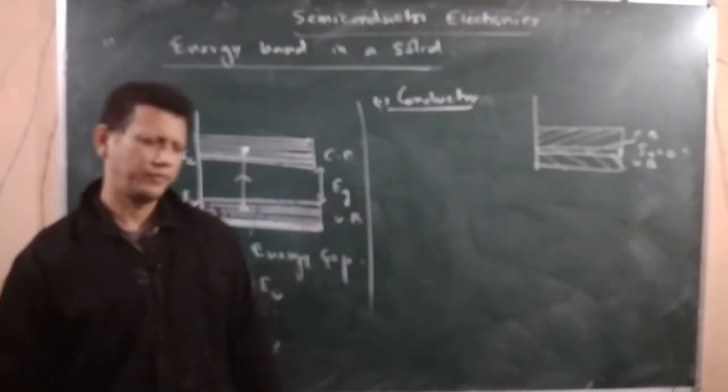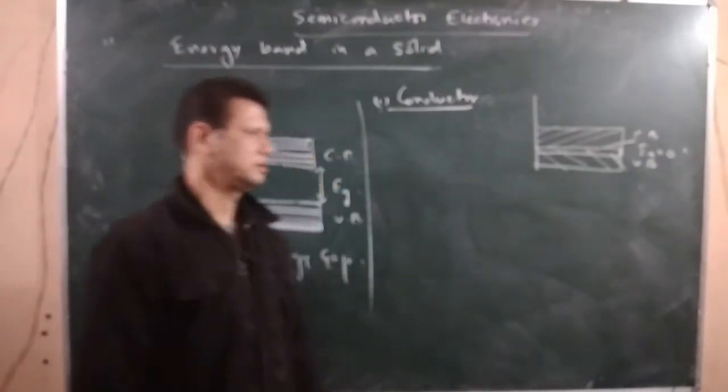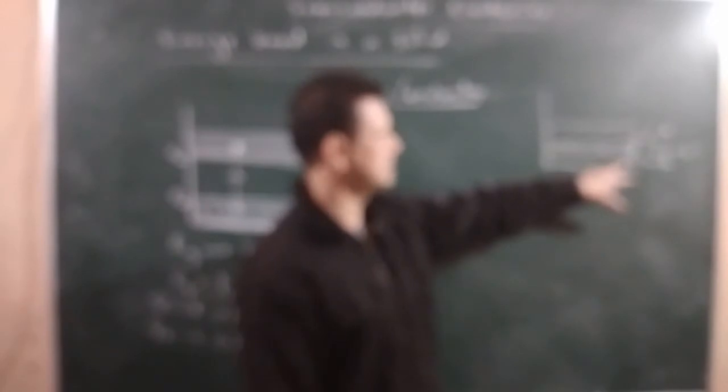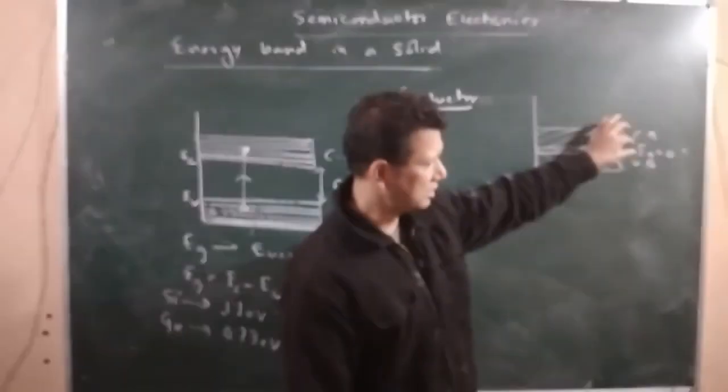So it is very much easy to free an electron from the valence band because the energy gap is almost zero. So this is the case for a conductor. What you have to remember is that in case of a conductor the valence band and the conduction band are partially overlapping, or in other words the energy gap is almost zero.